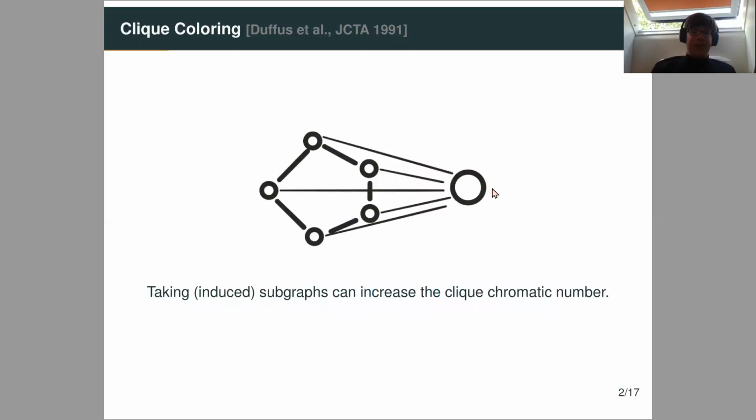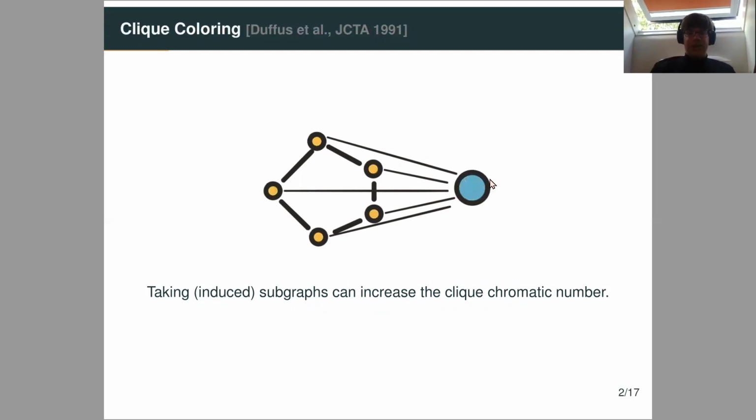So also observe that taking induced subgraphs can even increase the clique chromatic number of a graph and not just destroy clique colorings. So whenever we have a universal vertex in a graph, then we only need two colors. So we can assign one color to the universal vertex and the other color to the remaining guys.